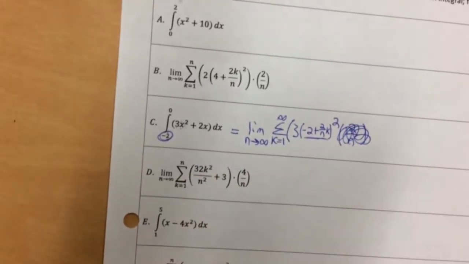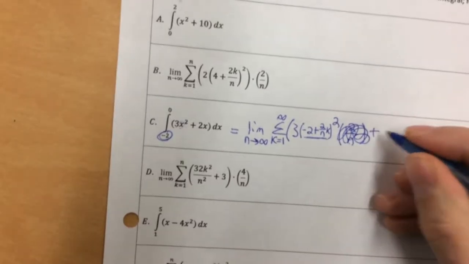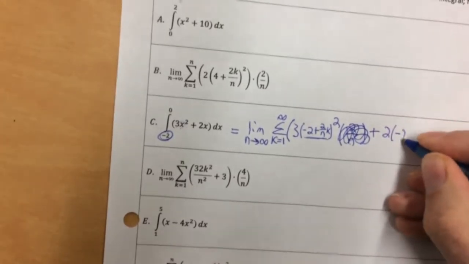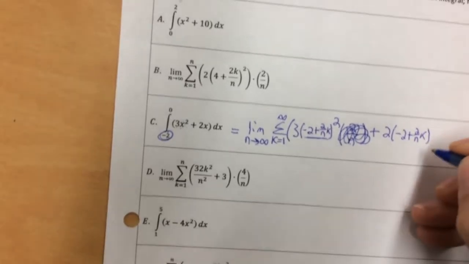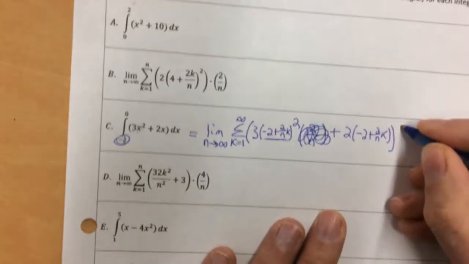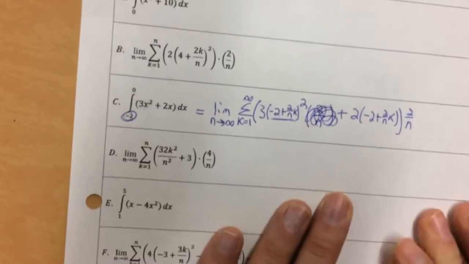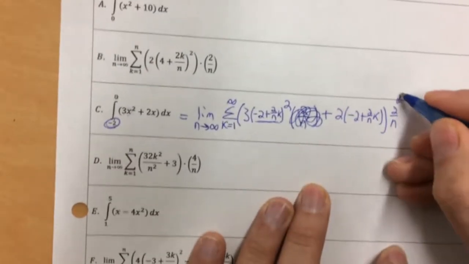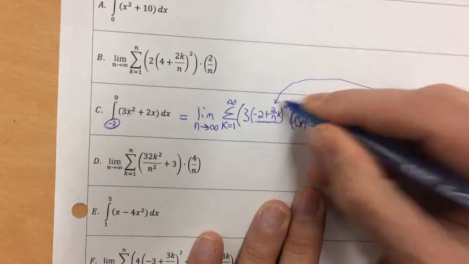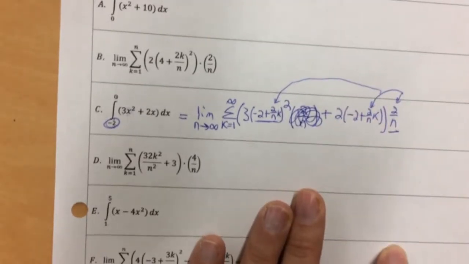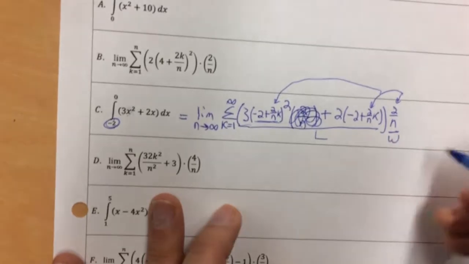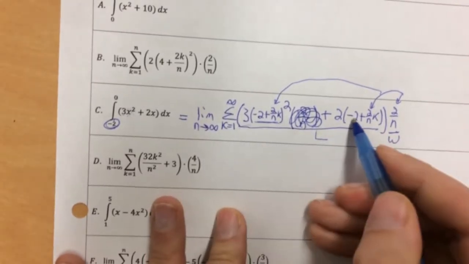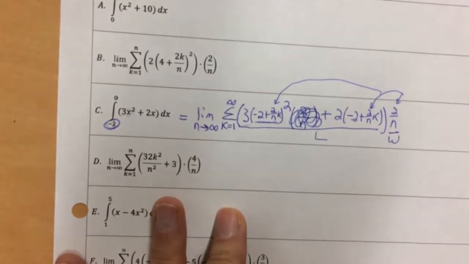And the x is going to be this guy, plus 2 times the exact same x, and then times the width. Some things to notice: the width will show up here, here, everywhere there's an x, as well as times the width at the end. This is length times width. This is the y value at each different rectangle.